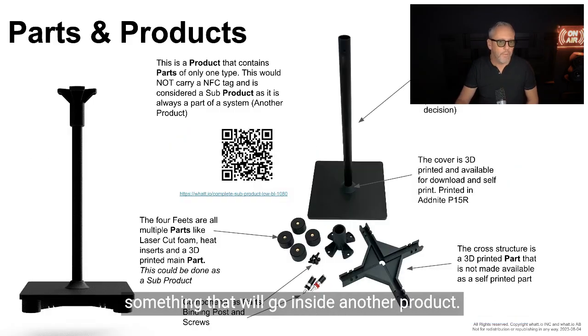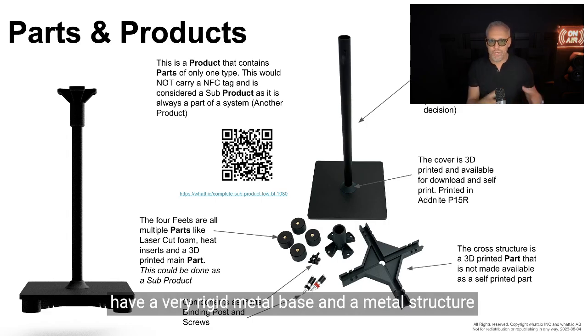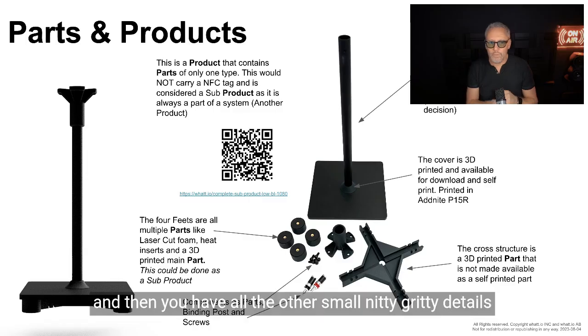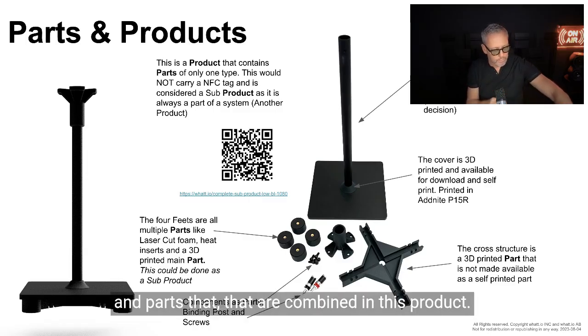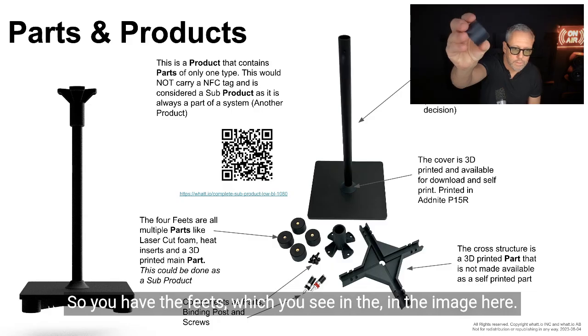Similar is, if you look at the stands, the stands have a very rigid metal base and a metal structure. That is an OEM product coming from the outside. And then you have all the other small nitty-gritty details and parts that are combined in this product. You have the feet, which you see in the image here.